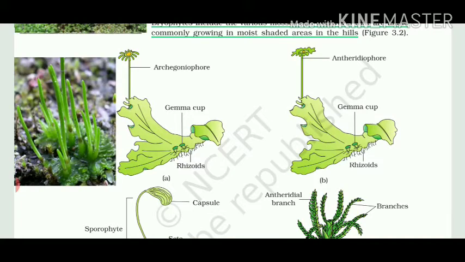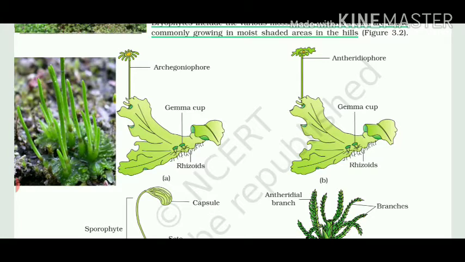They have one important structure which is known as gemma cups. Then they have root-like structures by which they are attached to any solid surface, or if they are growing in water, these structures are known as rhizoids. The whole green surface which looks like a leaf is a thallus.